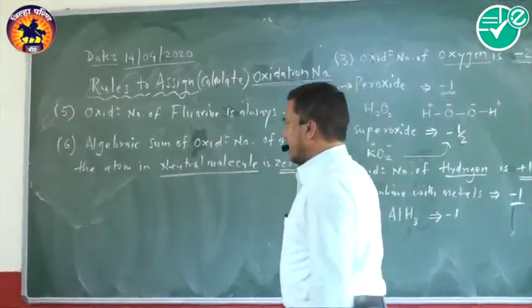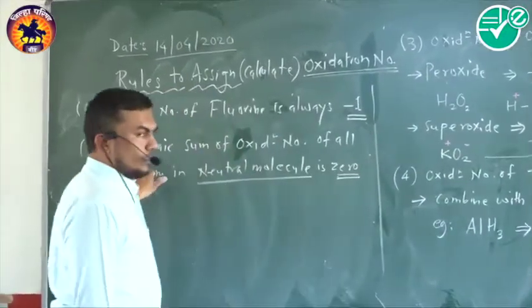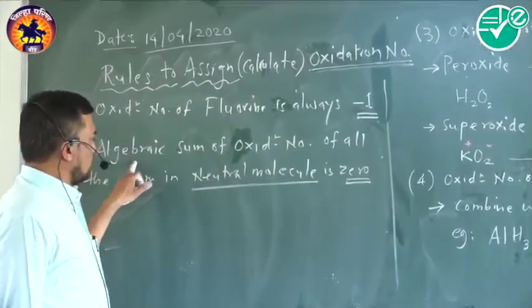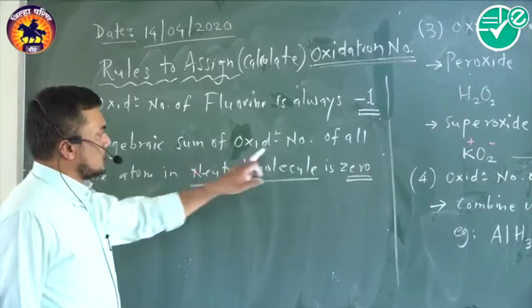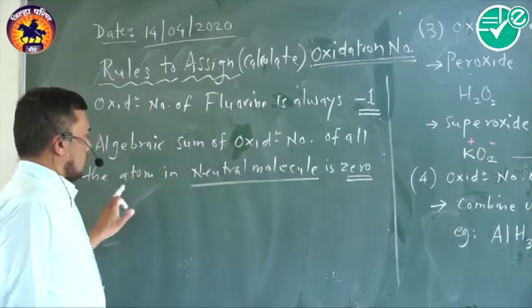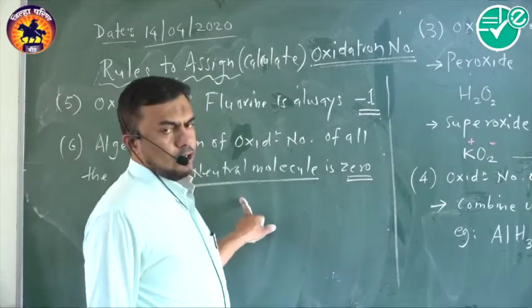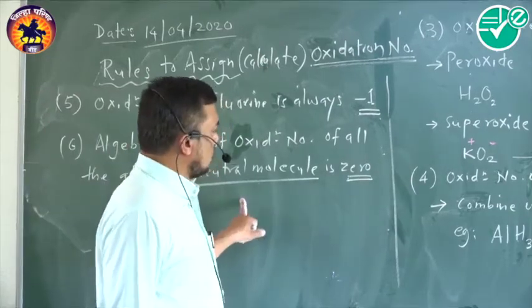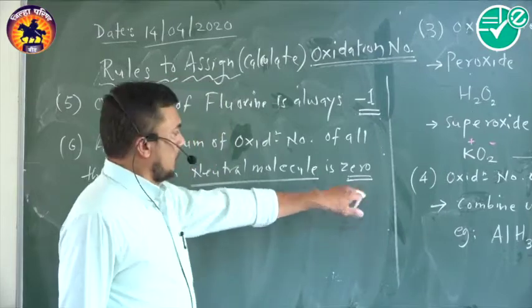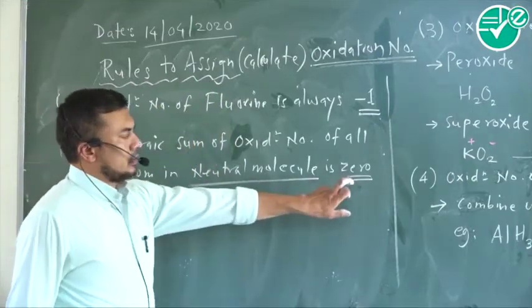That means if you take a compound or molecule, we have to add up all the oxidation numbers of the atoms. If it is a neutral molecule, with no charge on the molecule, the whole sum of oxidation numbers remains 0.